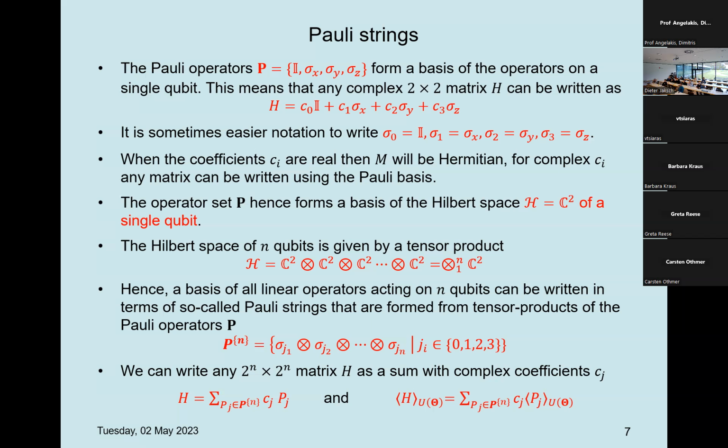If you limit your prefactors here, the C0, C1, C2, C3, to real numbers, then you always get something which is unitary and Hermitian. But if you allow these numbers to simply be complex, then you can represent any H that you want here.